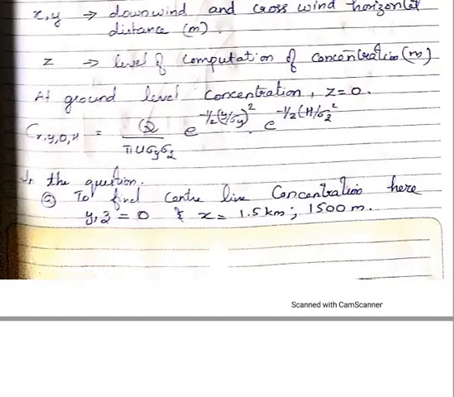So in the question, we have to find the center line concentration. When it is a center line concentration, here y also becomes 0. And in the question it is given that x equal to 1.5 kilometer, that is equal to 1500 meter.